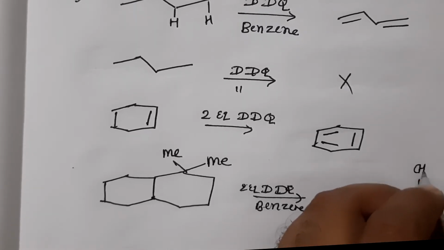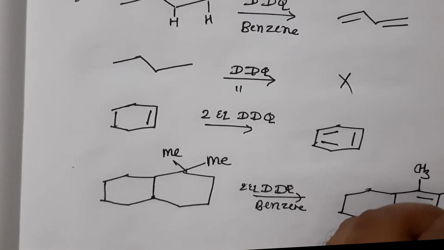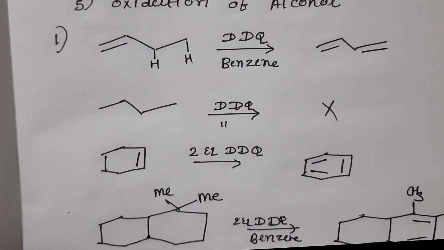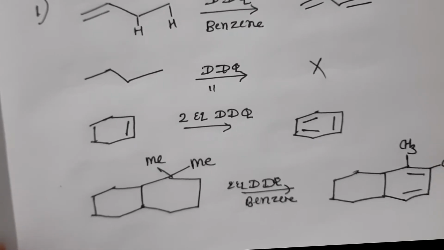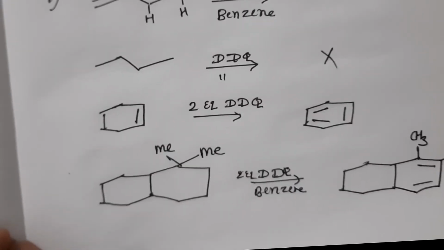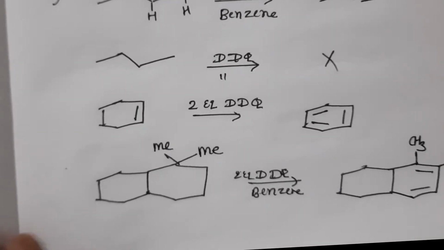Here there is a formation of methyl. One methyl is shifted here. So this is the product, but how this product is obtained we can see with the help of the mechanism.